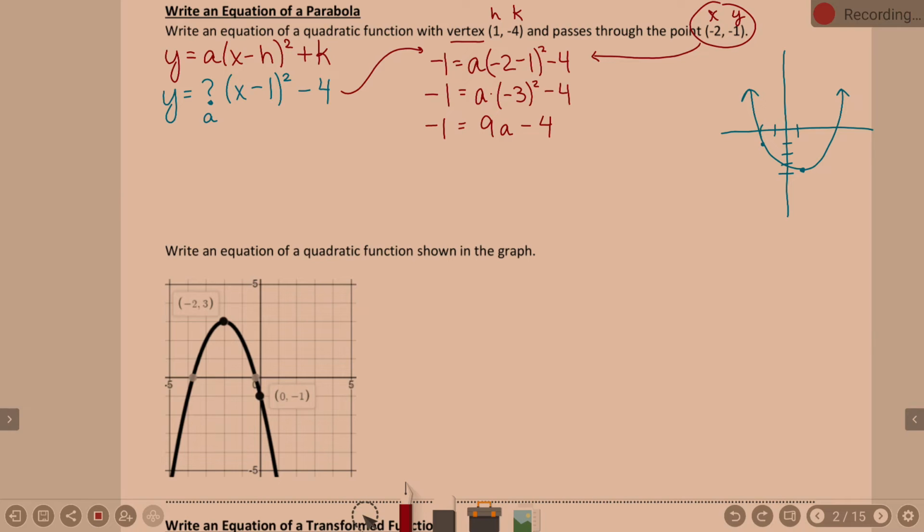So for anyone that was thinking, oh, I was going to do 9 minus 4, that 9 is attached to the A. Okay, so if it's minus 4, we are going to add 4 over. Negative 1 plus 4 is 3. 3 equals 9A. We're going to divide by what? 9. And 3/9 reduces to 1/3.